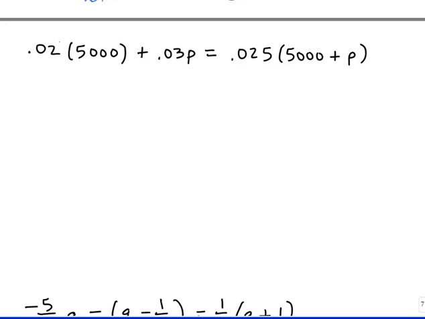So let's figure out what we need to multiply by to clear out all of my decimals. And you figure that out by counting your decimal places. This first decimal here has 2 digits. This decimal has 2 digits, but this decimal has 3 decimal places, 3 digits.